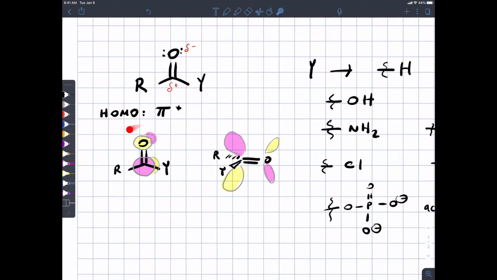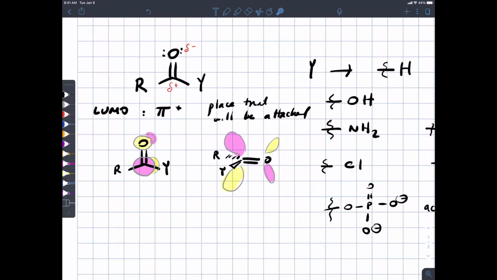In any case, this is the, and I said this exactly wrong, so I apologize for that, the lowest unoccupied molecular orbital. This is the place that will be attacked by a nucleophile, this pi star. Sorry about getting confused.